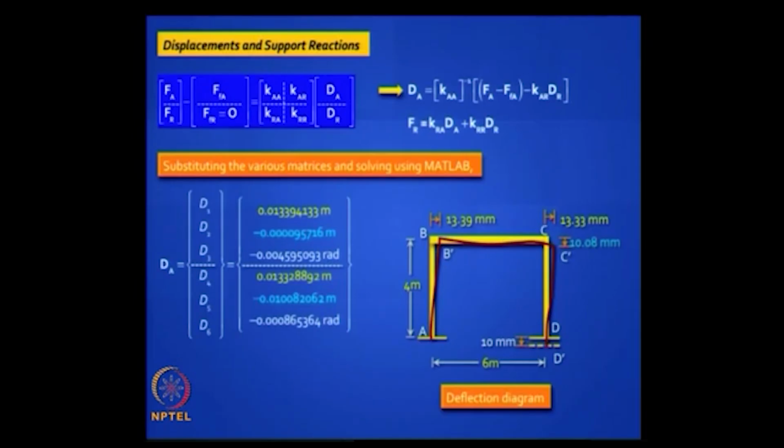Joint B does not go down at all because there are far too many zeros there, right, but you will find that C goes down and that corresponds to D5, goes down by 10.08 mm, which makes sense because your support is going down by 10 mm at D.